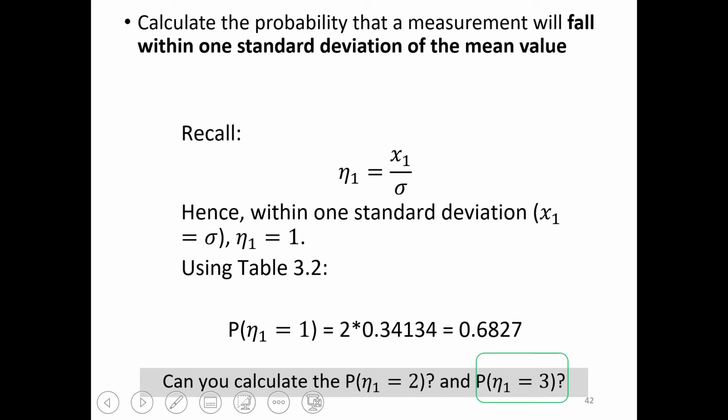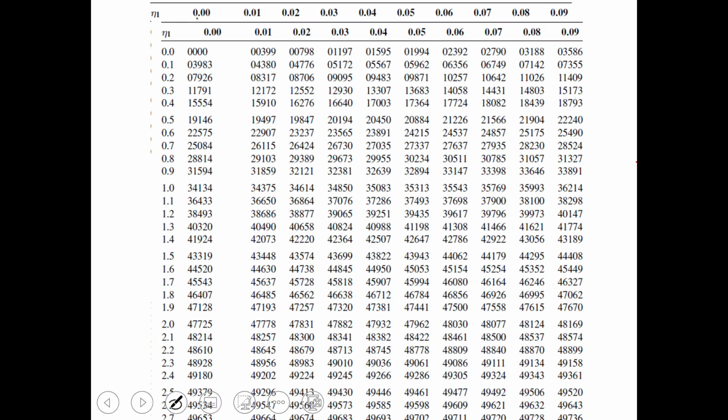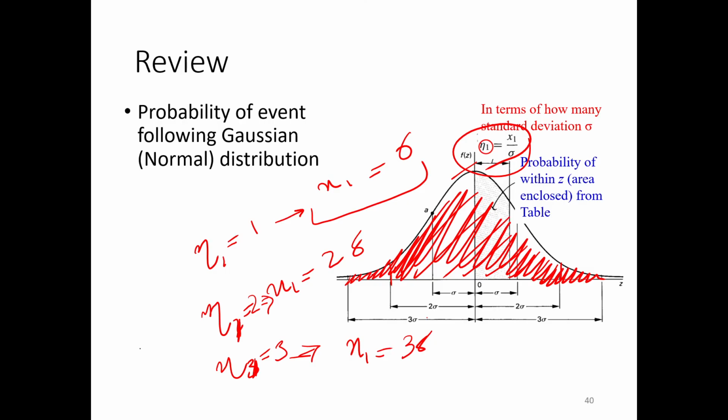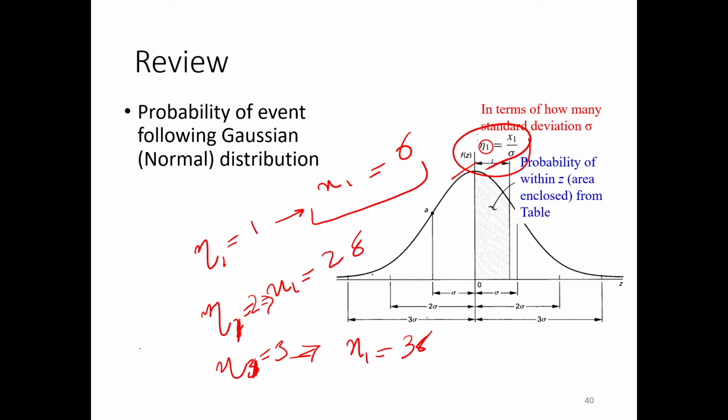So the probability of that happening is essentially you go back to the table, you find eta 1, this, okay. And then you have to multiply the probability by 2, mainly because we are looking at a two-sided normal distribution.